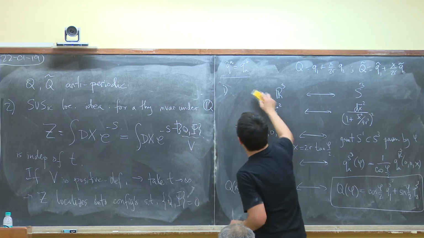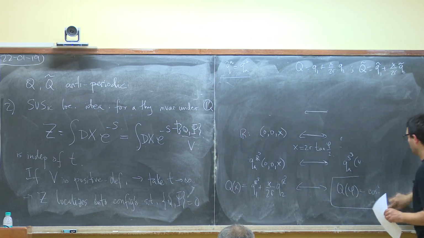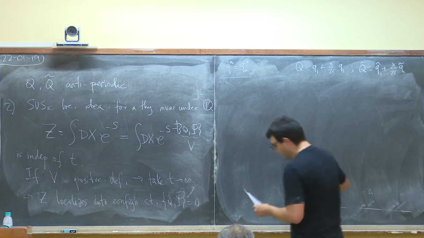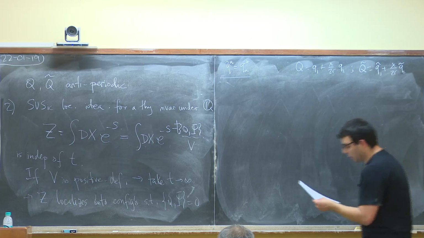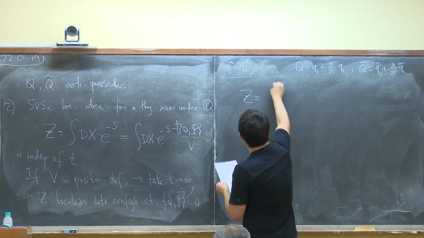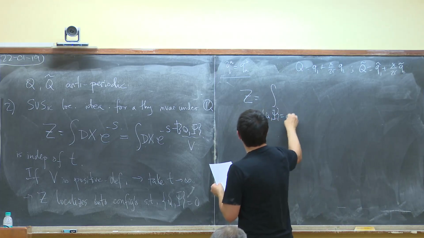And then there's a simplified formula for the partition function. It could still be very complicated. So this is just an integral over this locus where Q psi is 0.